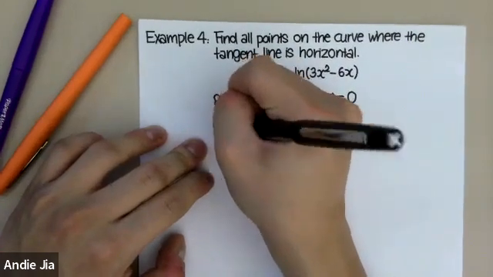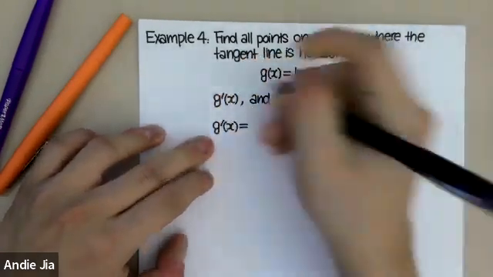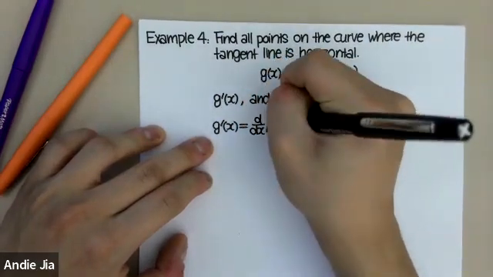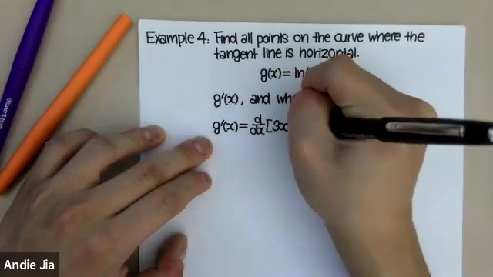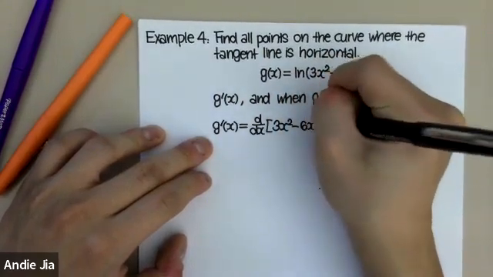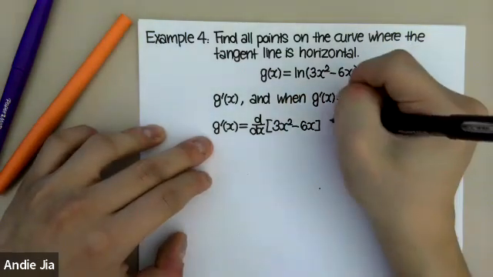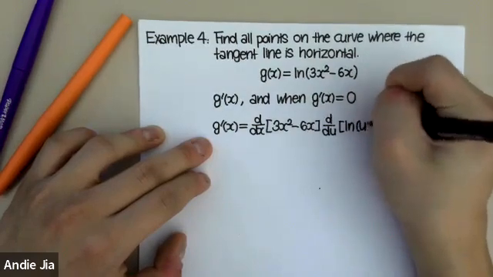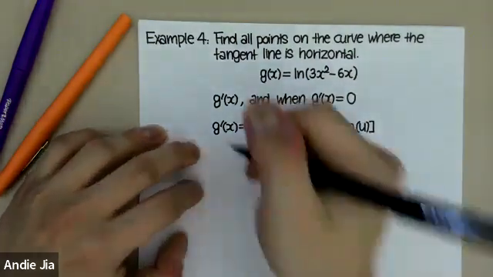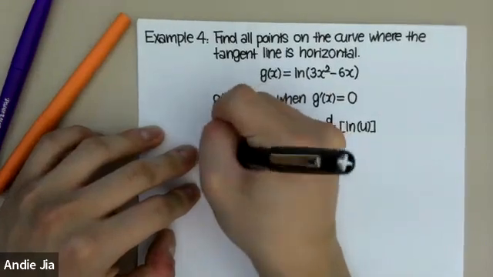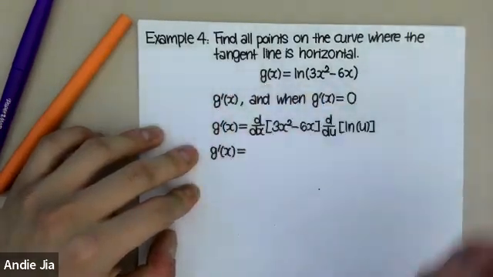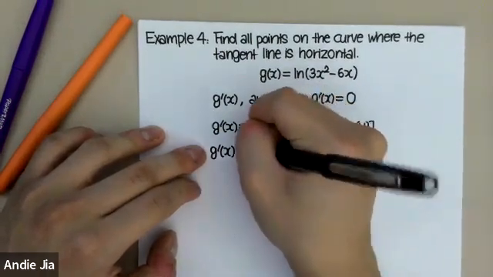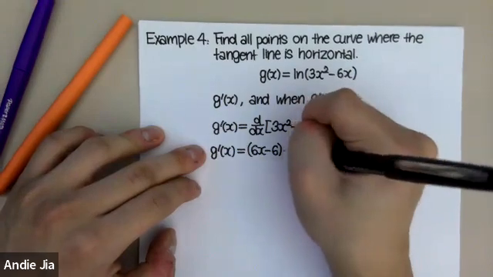Now g prime of x by the chain rule. We take the derivative of 3x squared minus 6x, and then the derivative of natural log of u. So g prime of x is 6x minus 6 times 1 over u.